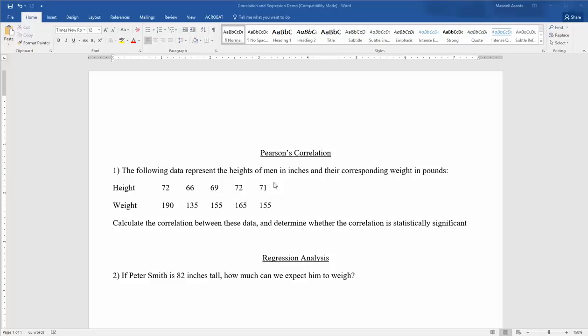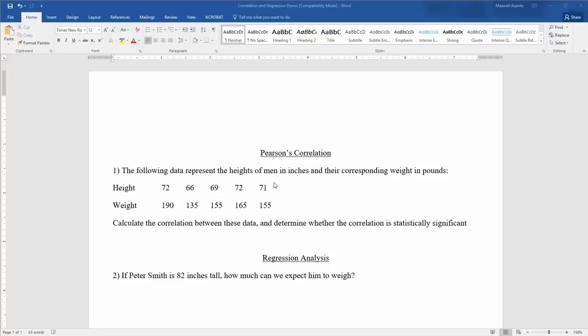The question is, is there a relationship between the height and the weight of these men? And if so, is the correlation statistically significant? That is question number 1.